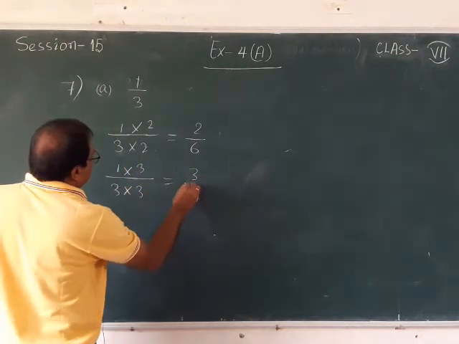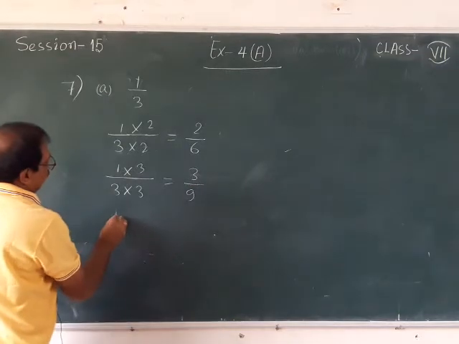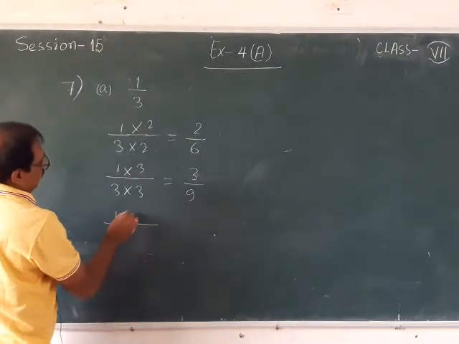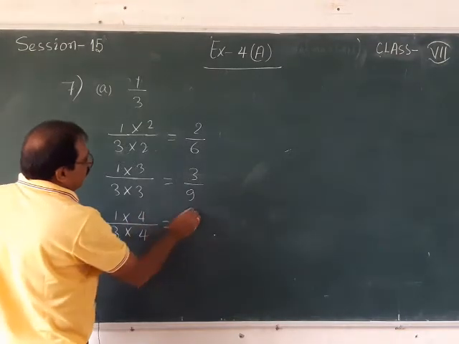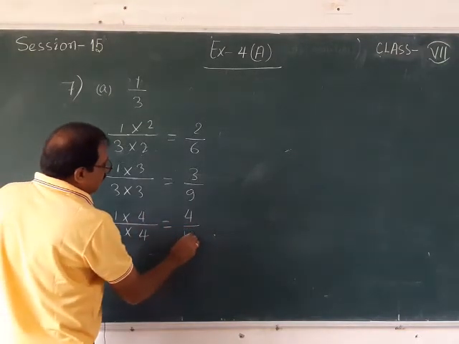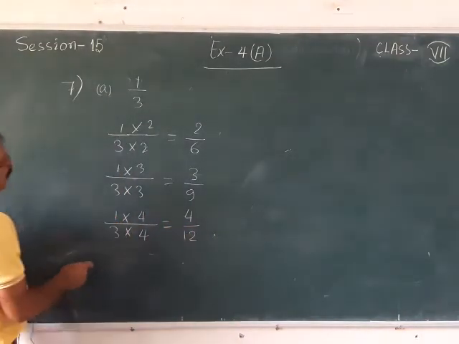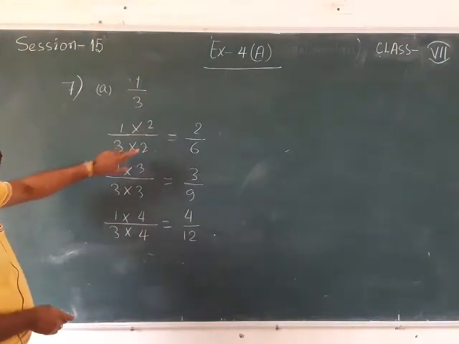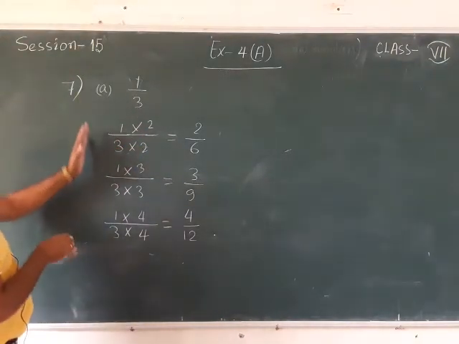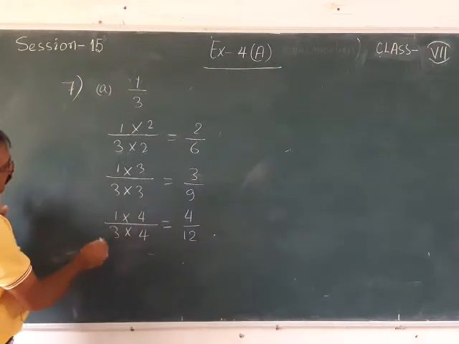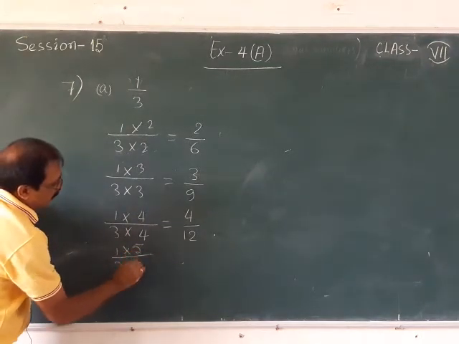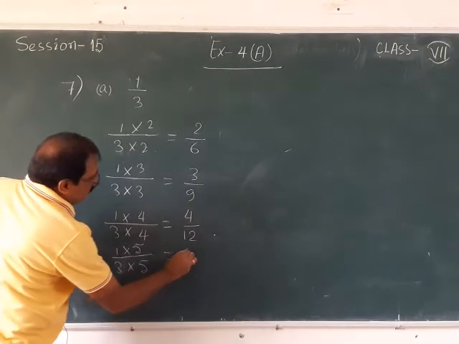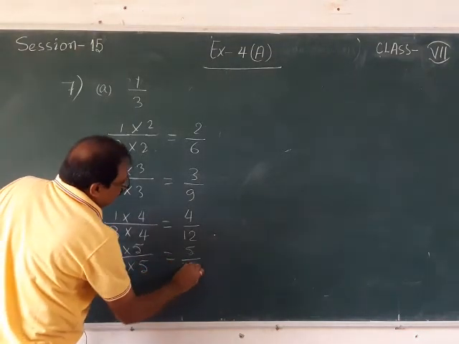It is coming 3 upon 9. Then again 1 by 3 multiplying it by 4 at the numerator and denominator. You can multiply the numerator and denominator by any number, but the same number should be used for both. So these all are equivalent fractions. Then again 1 by 3, I am going to multiply it by 5. So it will be 5 upon 15.